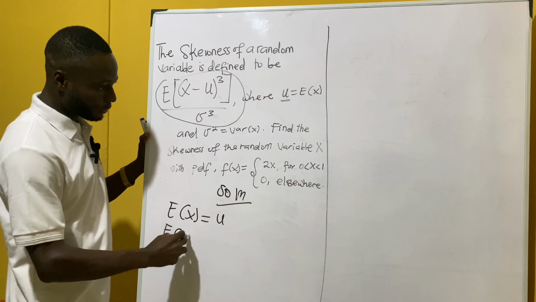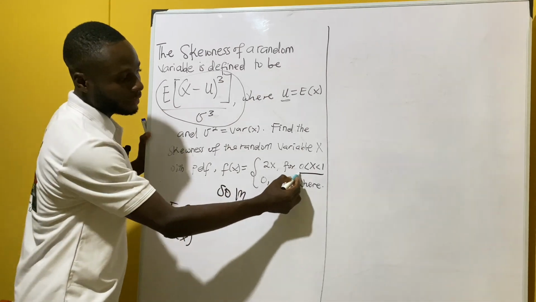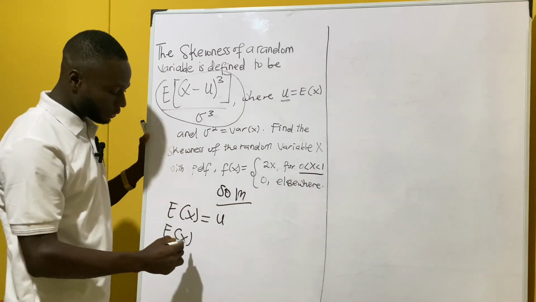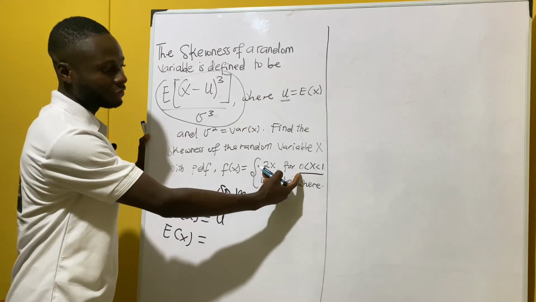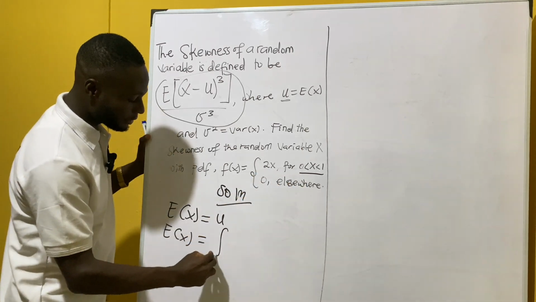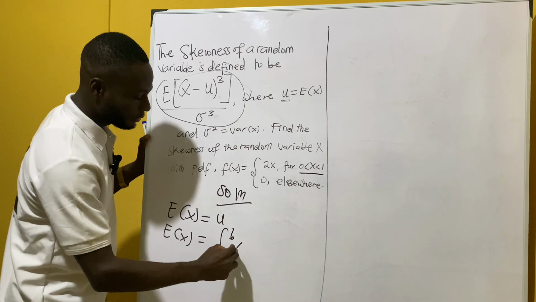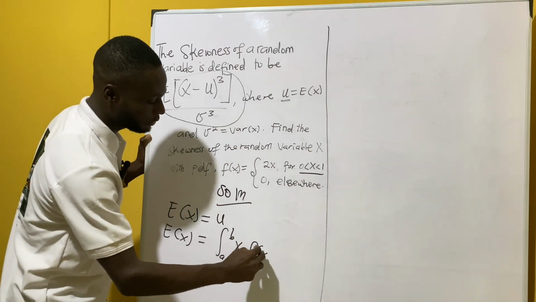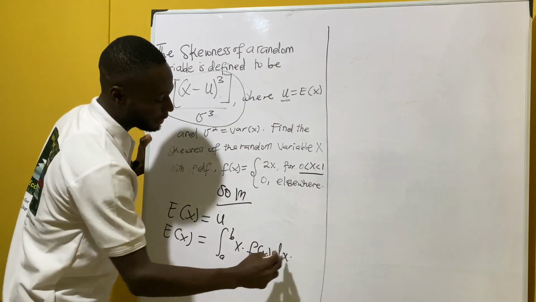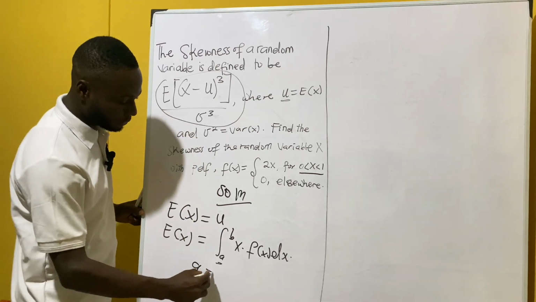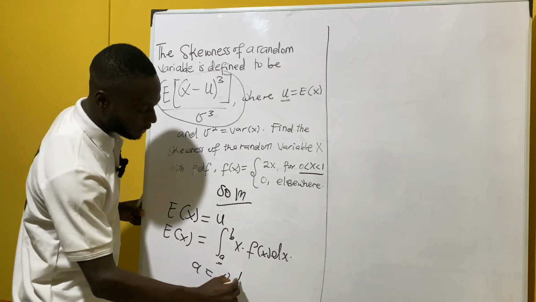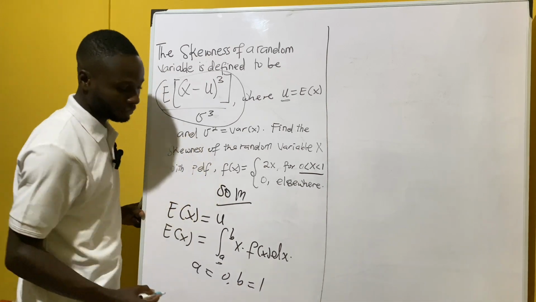this is in the continuous case, looking at the interval given. So the expectation of x in the continuous case is given as the integral of x times the PDF dx, right? Here the a is equal to 0 and b equals 1.